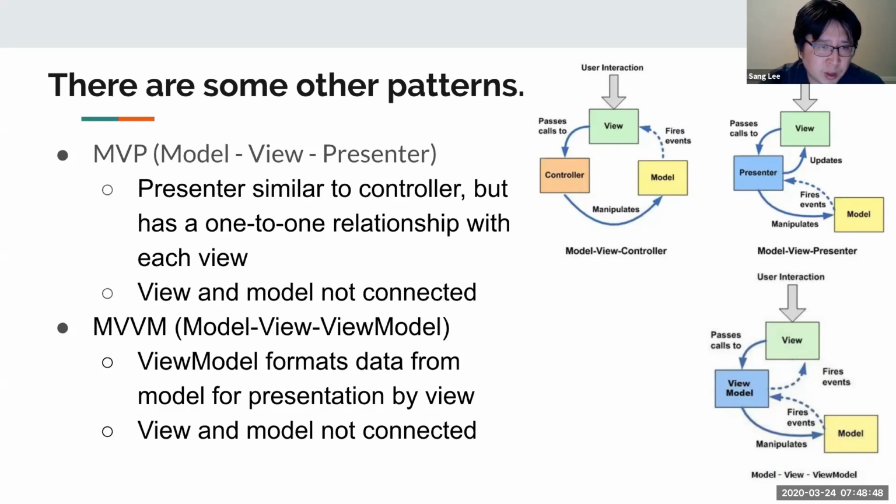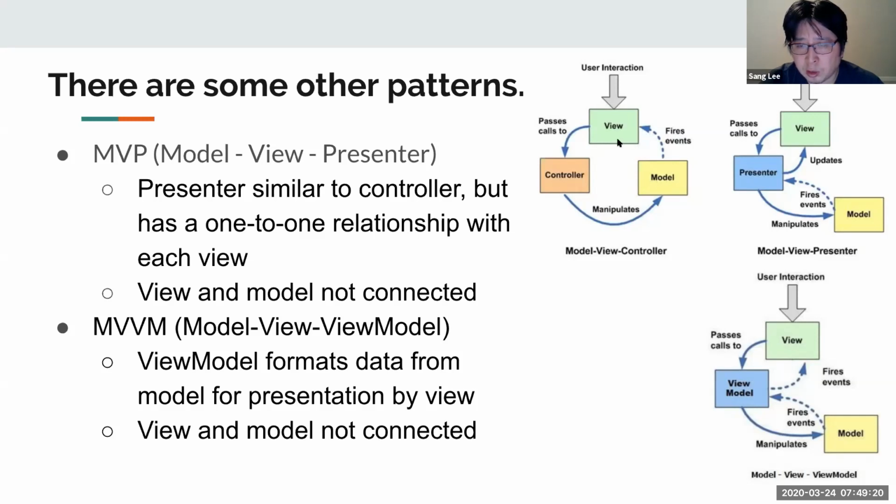One of them is MVP. It's basically model view presenter, where the presenter is kind of like a controller, but it has a one-to-one relationship with each view. The view and model do not communicate, and the presenter is kind of a mediator between those two.